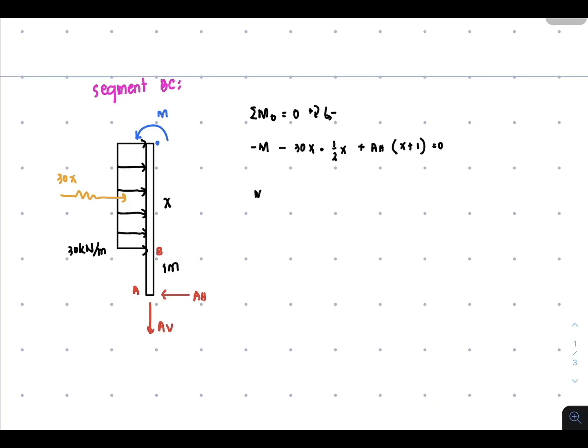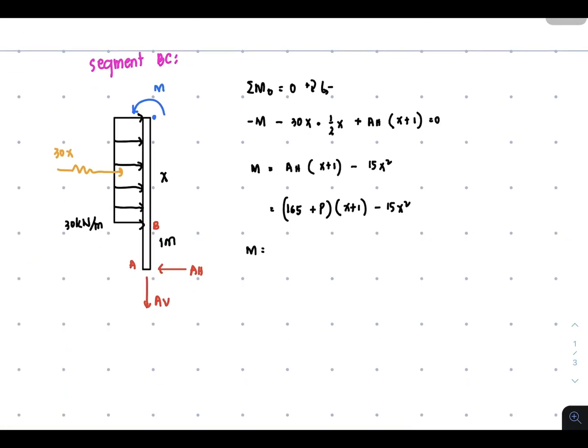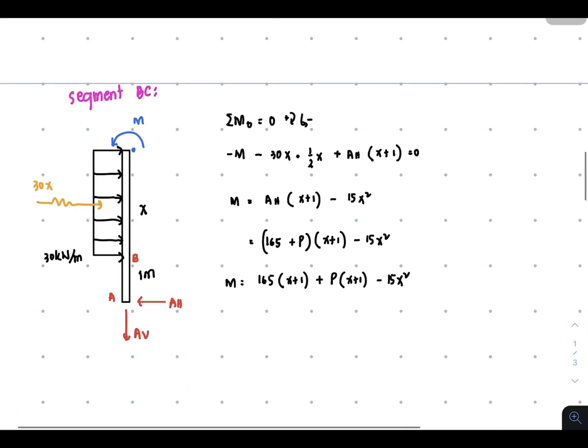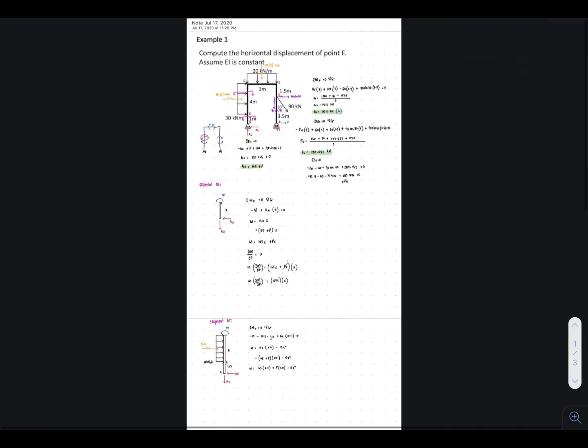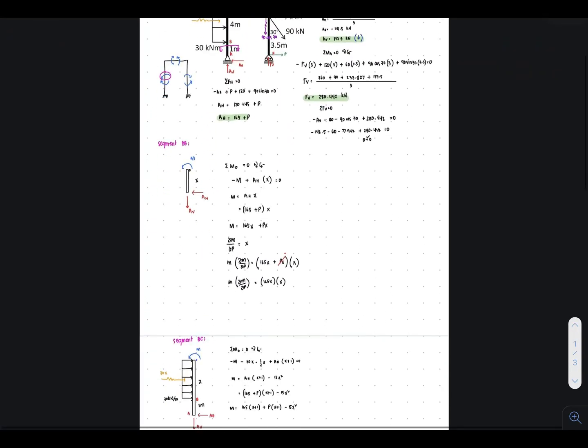So transposing M to the other side, it will become positive. You will have AH times x plus 1 minus 15x squared. And AH is 165 plus P. You multiply it with x plus 1 minus 15x squared. So M now is 165 times x plus 1, plus P times x plus 1, minus 15x squared. So we got it correctly, right?